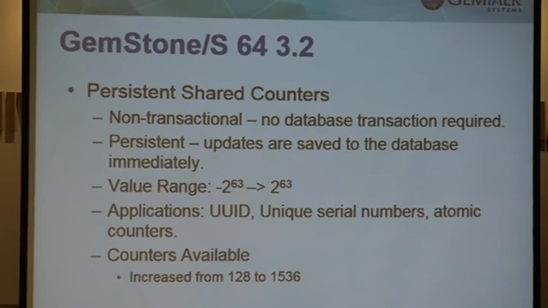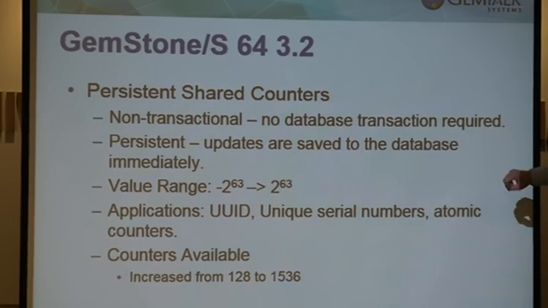Shared counters: for getting customer IDs or purchase orders or something like that, you need a unique ID. In a transactional database, you'd have to lock the counter, read it, increment it, write it back out, commit the transaction, and unlock, and then you'd have a unique ID.